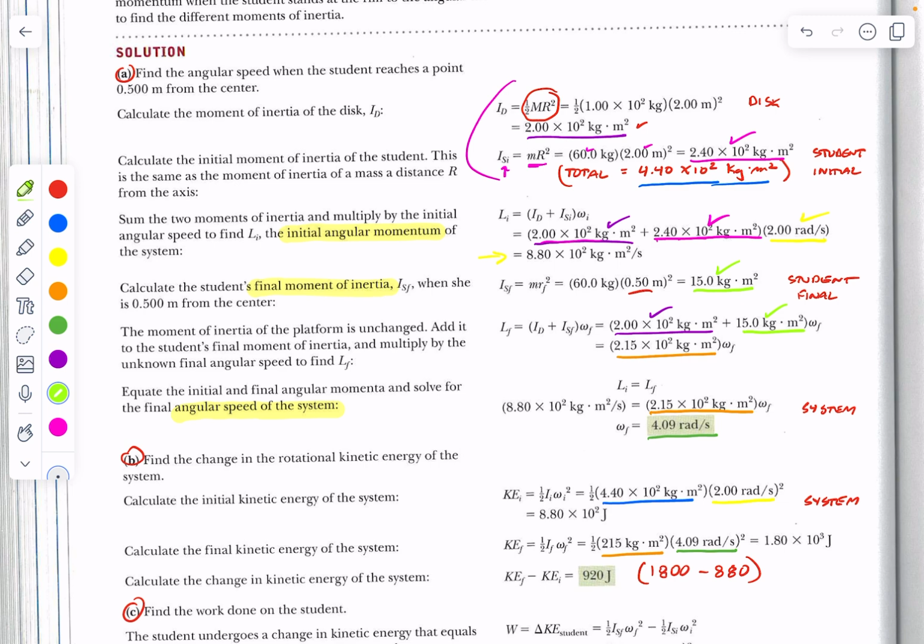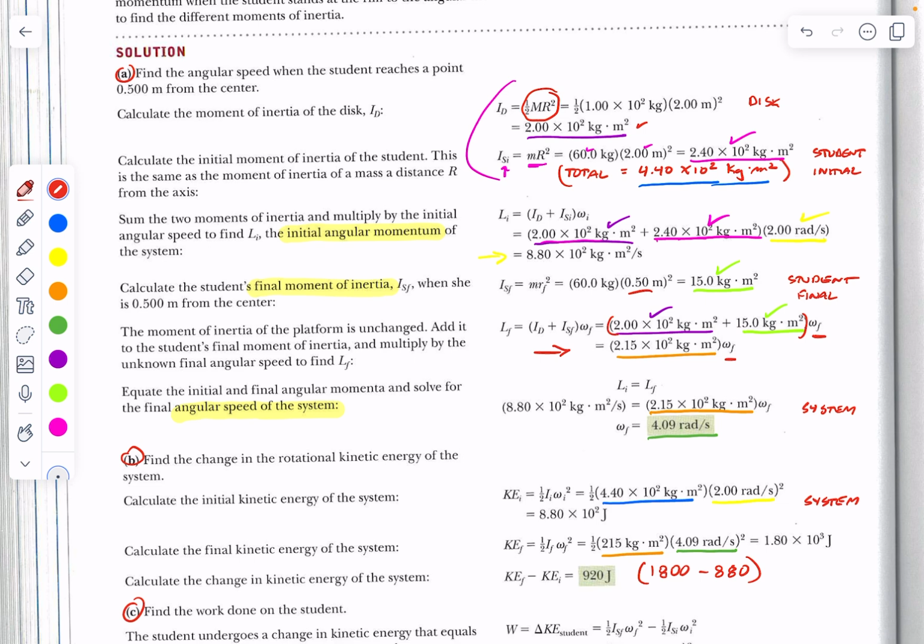So now that the student is only 0.5 meter from the center, once again, we add up the total rotational inertia of the disk and the student in the new position closer to the center times the whatever. We don't know what the velocity is, so we're going to have to solve for that. And we at least get the rotational inertia. The final angular momentum is right there, and there's our value omega.